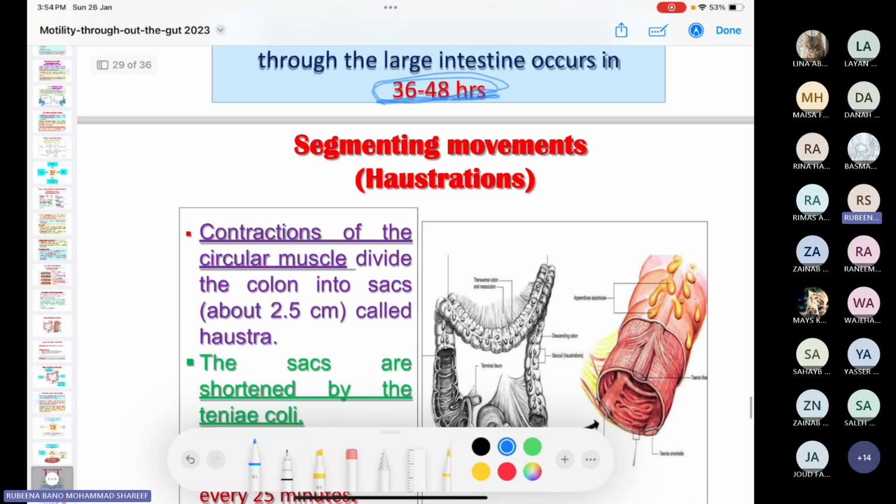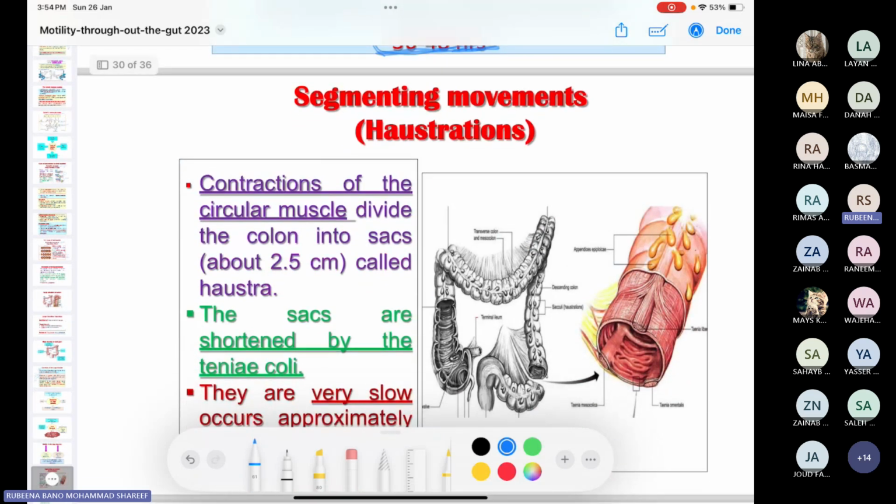Let us discuss the segmenting movement. Segmenting movement means there will be segments, and when it occurs in the large intestine, it is called haustrations.